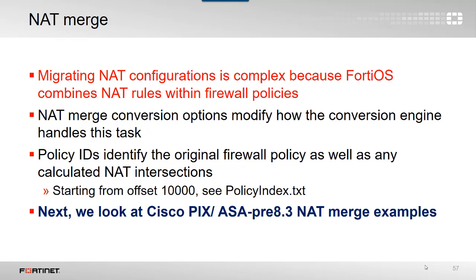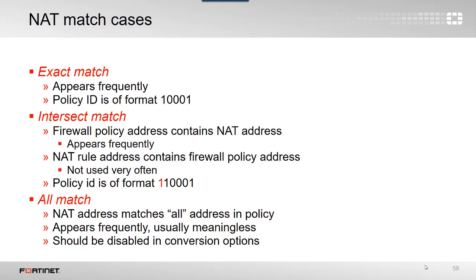So basically, Checkpoint policy 1 would be ID 10,001. We take the firewall rule and map it to this offset, and then we generate additional indexes off this offset to identify additional NAT rules that have been created. We're going to look now at a few examples, but let's first explain the merge types.